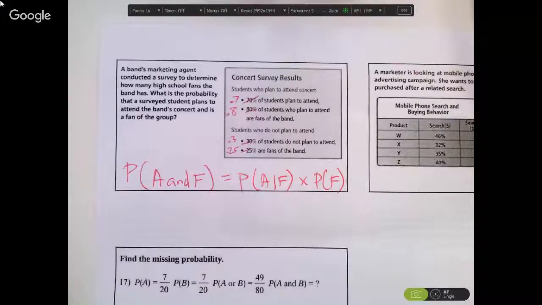I have no idea if it's going to work. If I had a probability problem that I didn't know how to solve, all I would do is start throwing different formulas at it until it made sense. That's what I expect you to do.